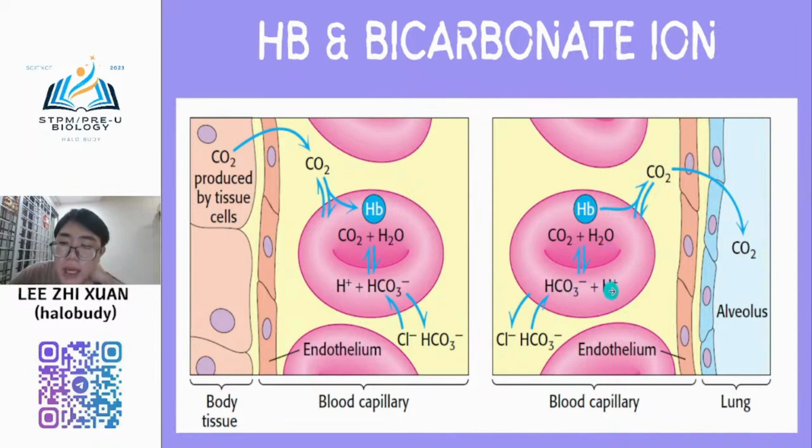It reacts with the hydrogen ion again and forms carbon dioxide and water. This carbon dioxide then diffuses from the erythrocyte to the alveolus for gaseous exchange, and is released to the atmosphere through our nose.